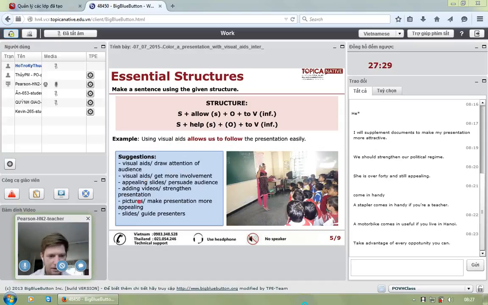So it's visual aids allows us or helps us to follow the presentation. So look down here. You can say pictures help us to make a presentation more appealing, or slides allow us to guide the presenters. All right, so look at some of these suggestions and see if you can come up with a sentence with the given structure, okay? Yes.